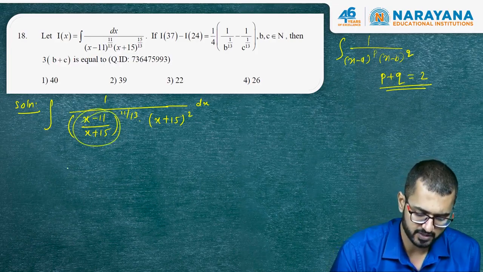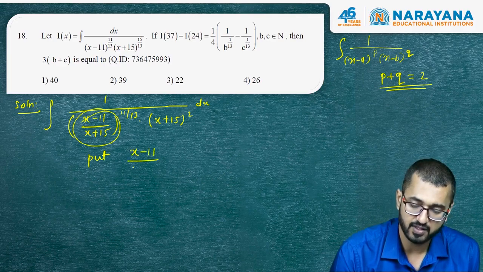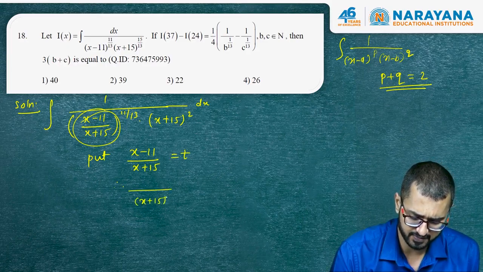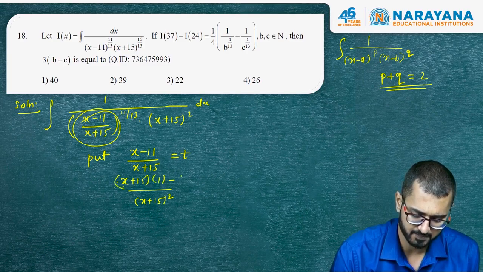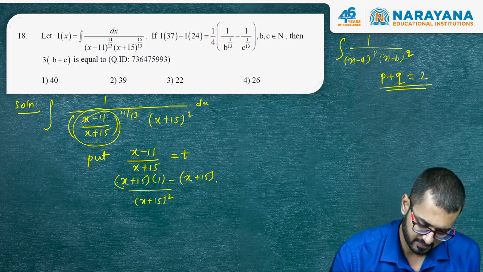Now we can simply put this as t. So you can put (x minus 11) over (x plus 15) is equal to t. So we have the derivative, and the derivative becomes (x plus 15) square in the denominator, and here it will become (x plus 15) itself. Derivative is 1, minus (x plus 15) will remain as it is, and the derivative here will become (x minus 11) will be here.